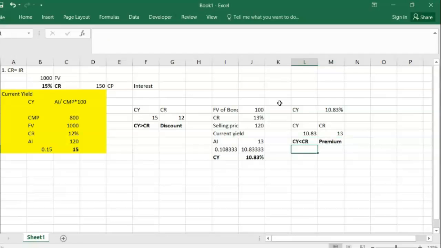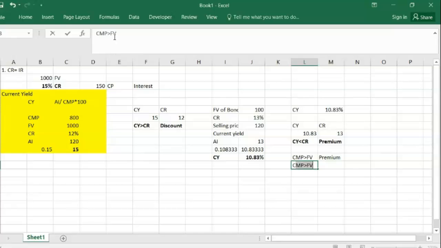A very simple calculation. Whenever the current market price is greater than the face value, you can say the particular debenture is available in the market at a premium rate.